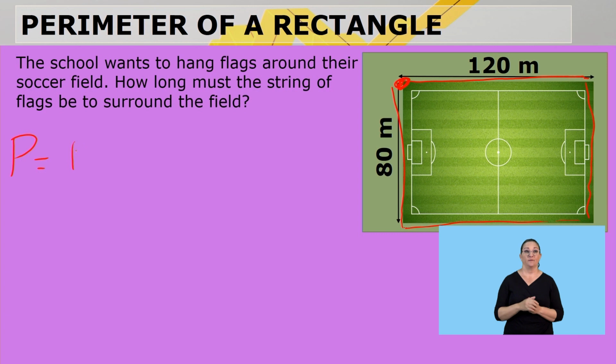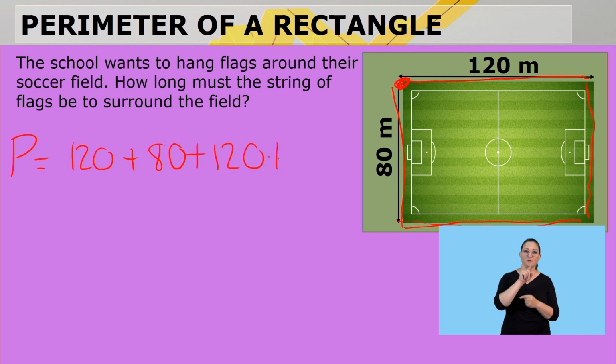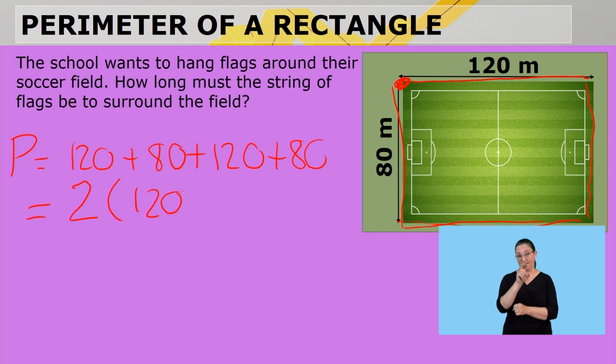We walked the 120 plus 80 plus another 120 over here plus another 80. So looking at the formula, it's going to be 2 times 120 plus 2 times 80.